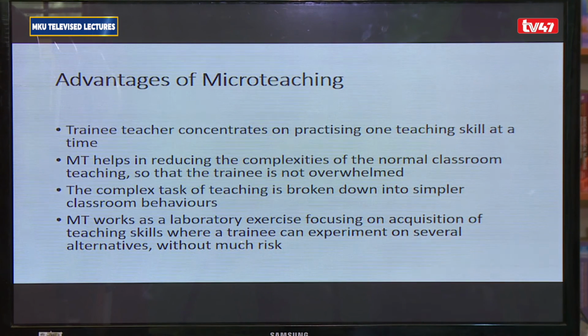So if there are mistakes made, this can be corrected without much harm. It would not be the same if this teacher goes to teach a normal class for 40 minutes, teaching complex skills. If the teacher makes mistakes, the damage will be greater because you are teaching fresh students who don't know. But in micro-teaching, you are teaching your fellow students.